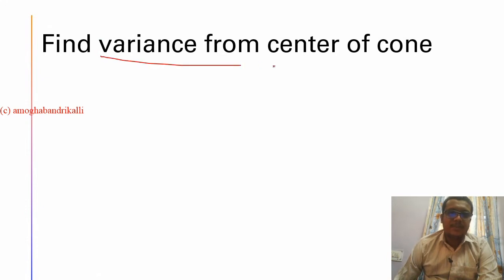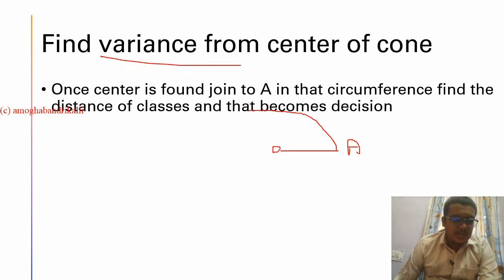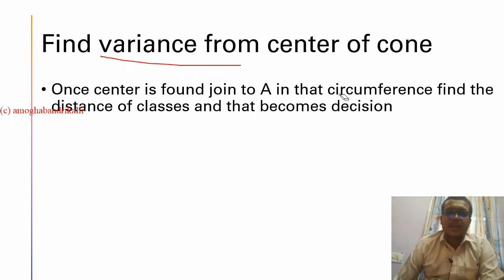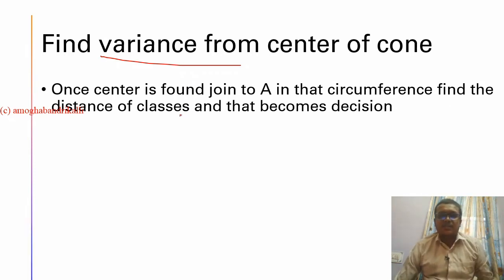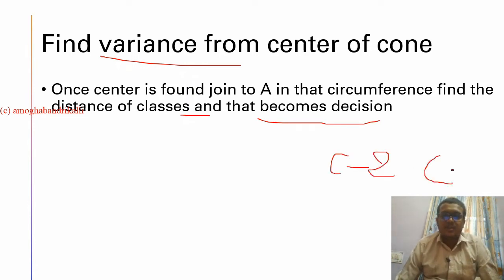So we are going to find the variance from the center of the cone. This will become the circumference. Once the center is found, we join it to a point in that circumference and find the distance to the classes, which becomes the decision of whether it is class 2 or class 1.